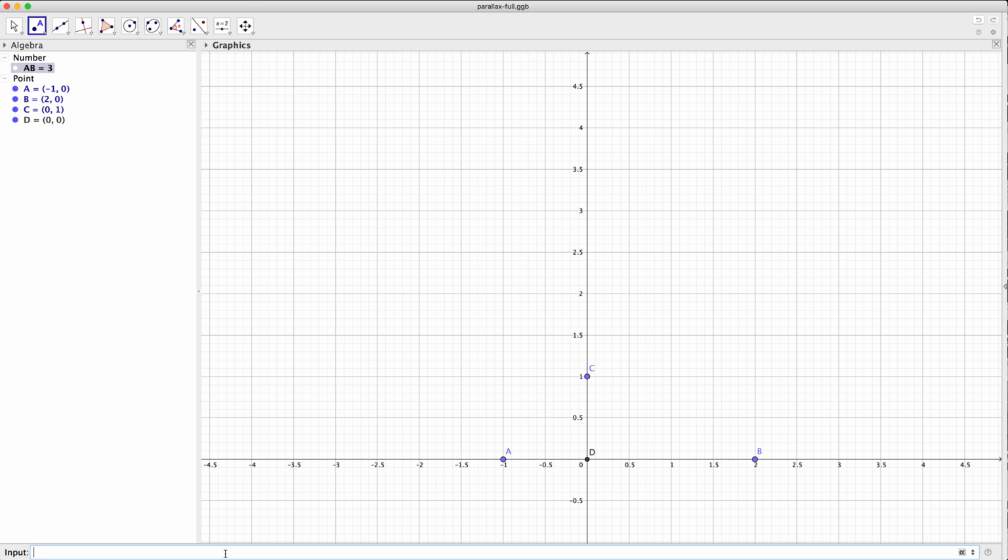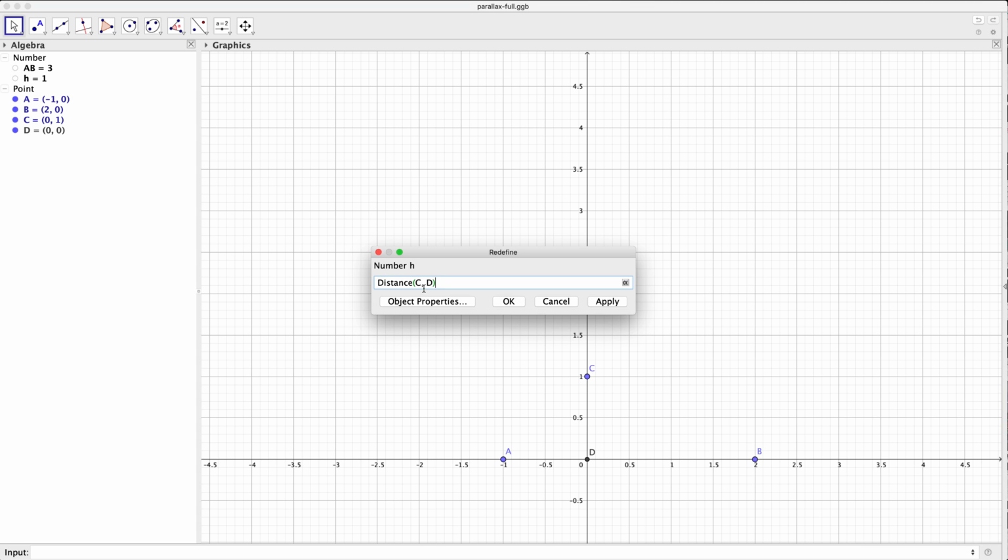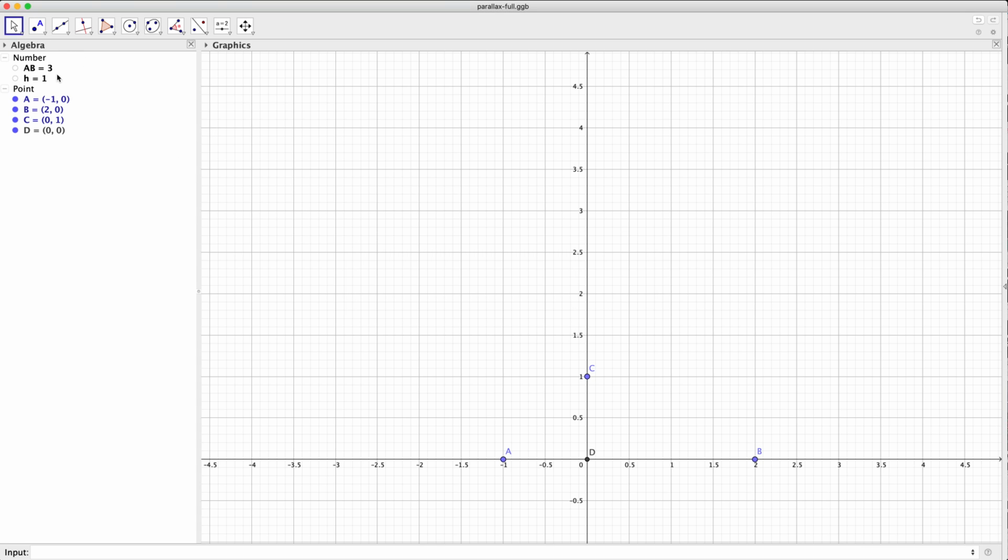Excellent. And what we kind of want to know is the distance between C and D. All right, obviously, GeoGebra tells us, let me call that CD, so that's clear. All right, I'll just call that CD.